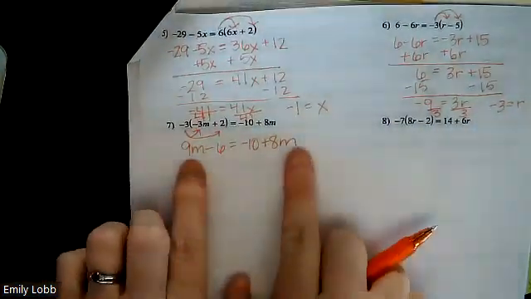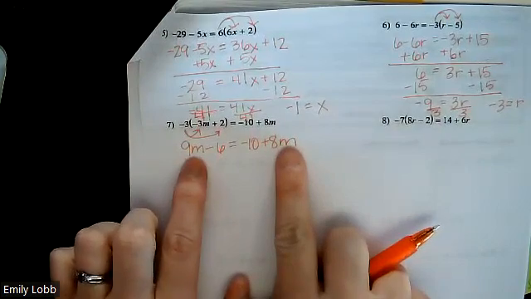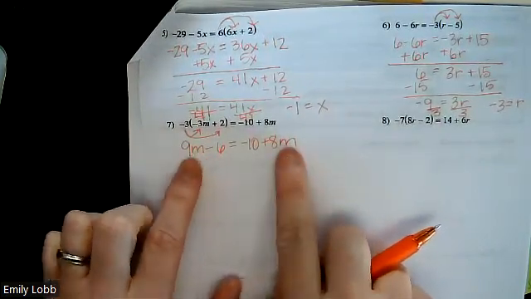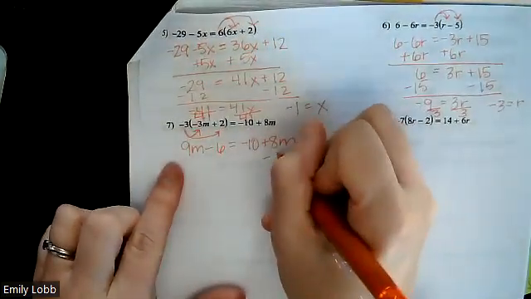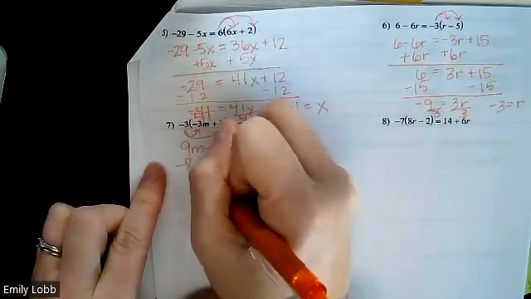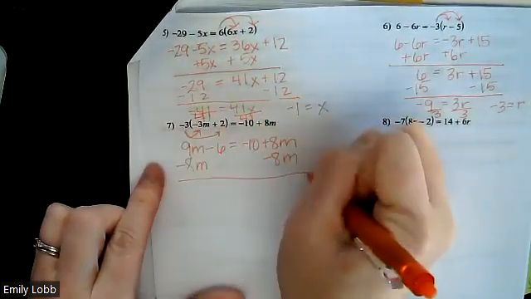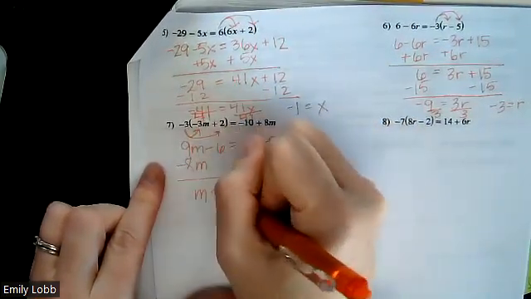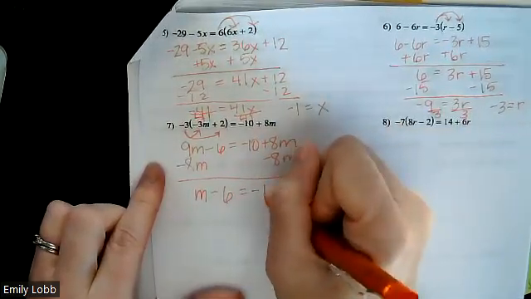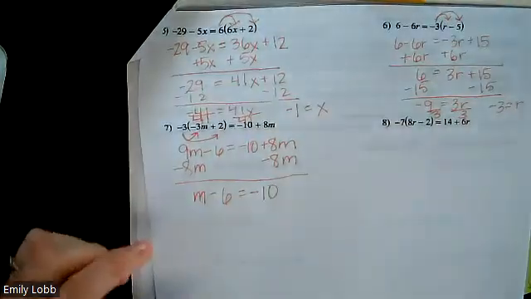Now I notice I have variable terms on both sides, so I gotta get rid of one. I can subtract 9m from both sides, or I can subtract 8m from both sides. I would subtract 8m, so we end up with a positive m. So m minus 6, now we're just gonna have a one-step equation, is equal to -10.